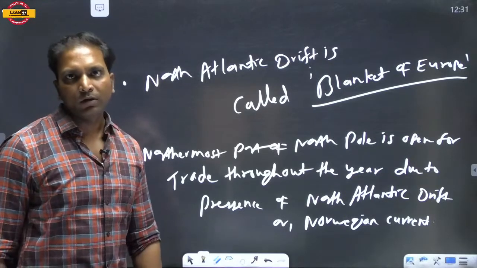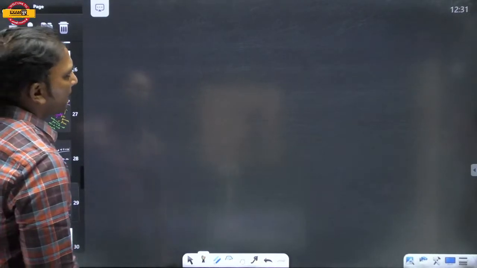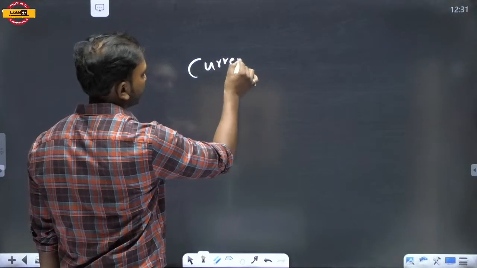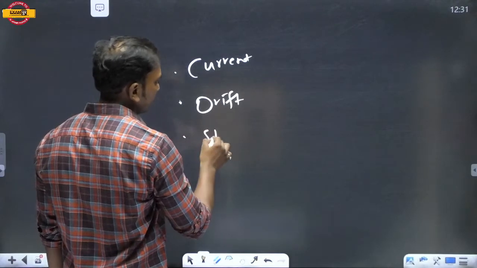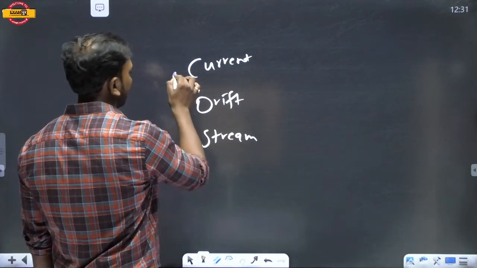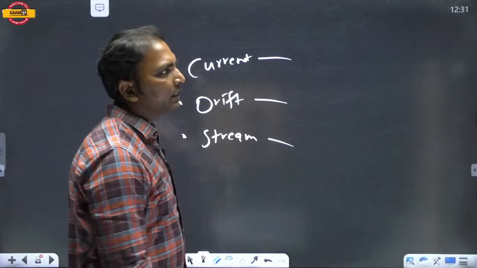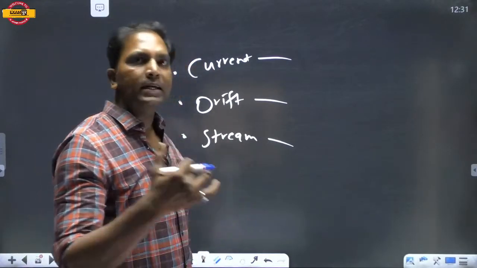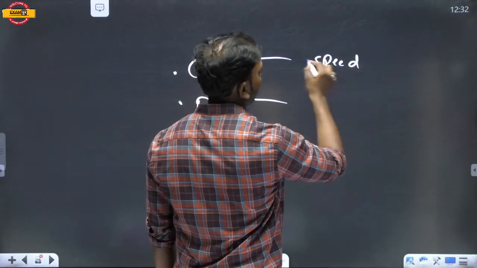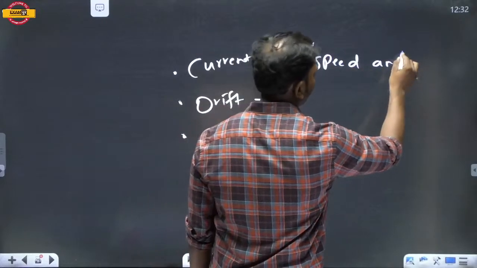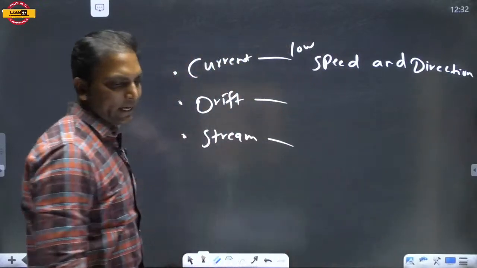So we are going to discuss some more concepts. One more thing I want to explain here: what is the difference between a current, a drift, and a stream? A current has speed as well as motion and direction. It would be low speed and it attains a direction.